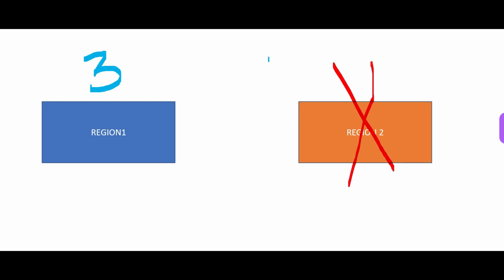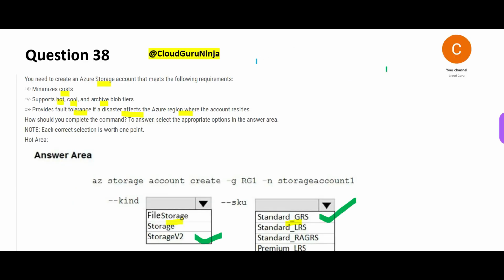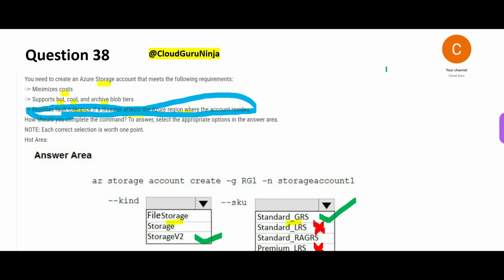It is only maintaining 3 copies in the primary region. So if this region fails, your system is down and you cannot fulfill this requirement of the question. This line you cannot fulfill with LRS, and hence both the LRS options are wrong.